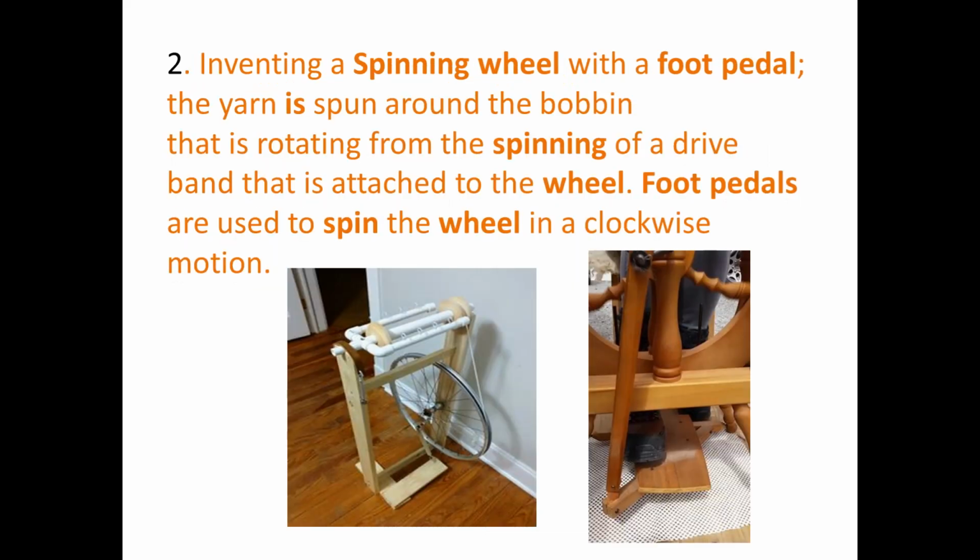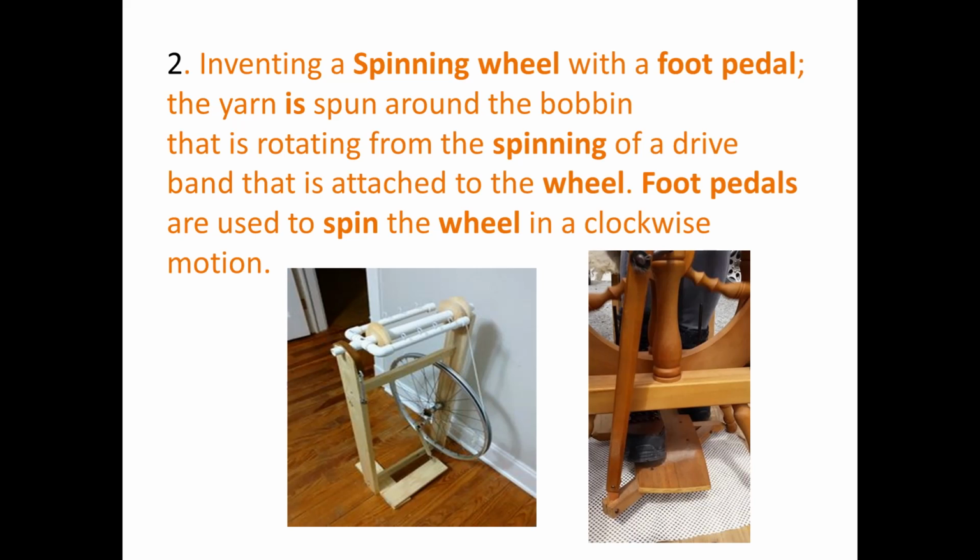Going to the next, number two, they invented the spinning wheel. Guys, we talked about how China was great by making silk. To make silk and any kind of yarn, you have to put it in a good shape, right?